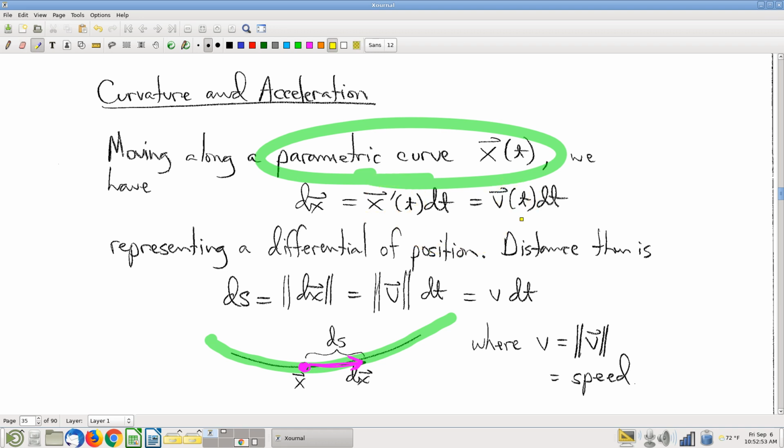And so we have a pretty nice formula for dx: dx is v dt, v being velocity. This is going to be a useful thing to talk about. This dx vector, I like to call the position differential, because it is a differential, a change of position x.